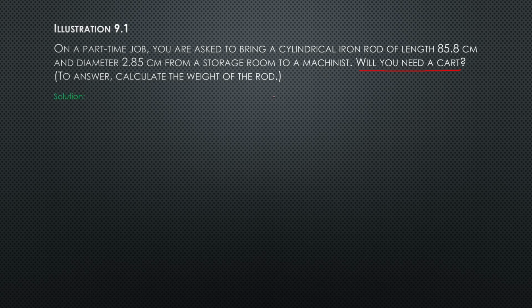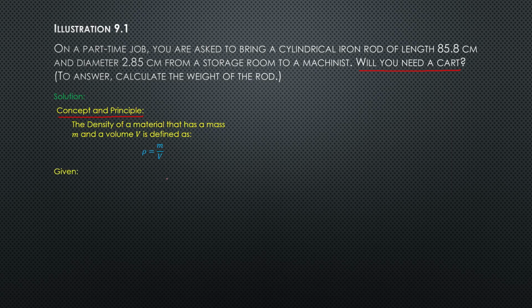So the solution is from our discussion earlier, our concept and principle. The density of a material that has a mass m and a volume V is defined as its mass per unit volume.